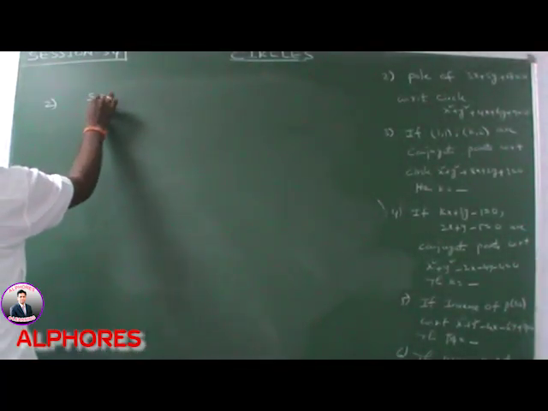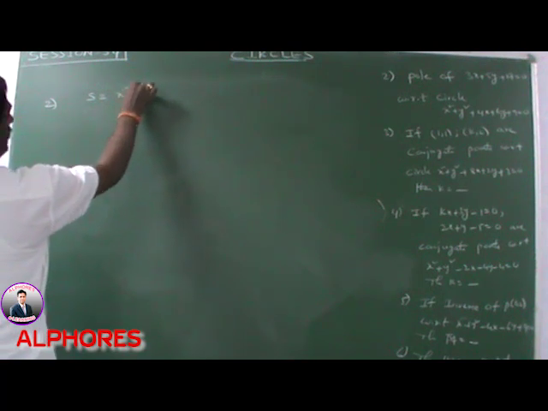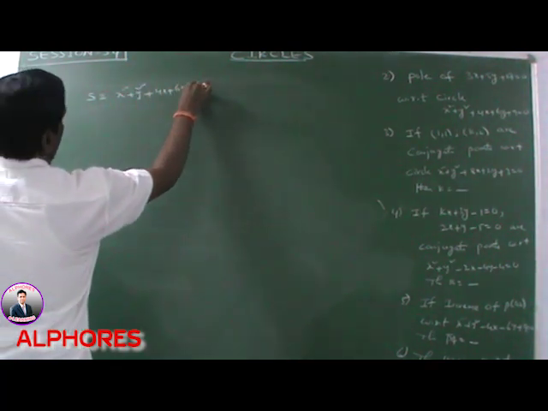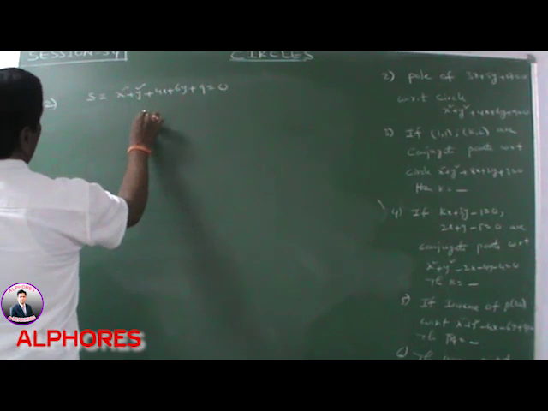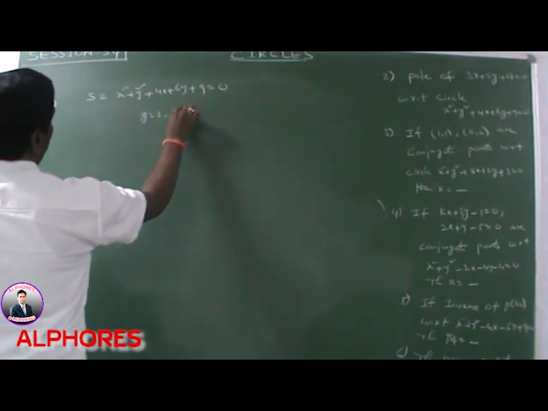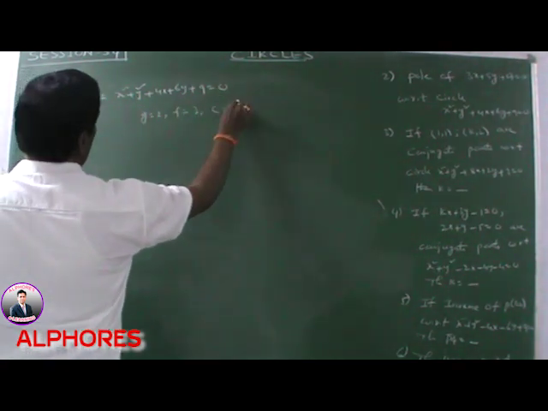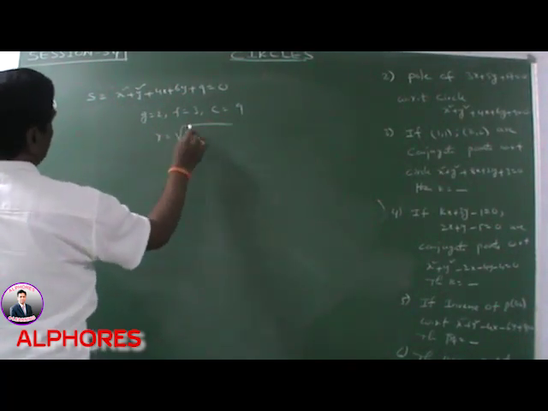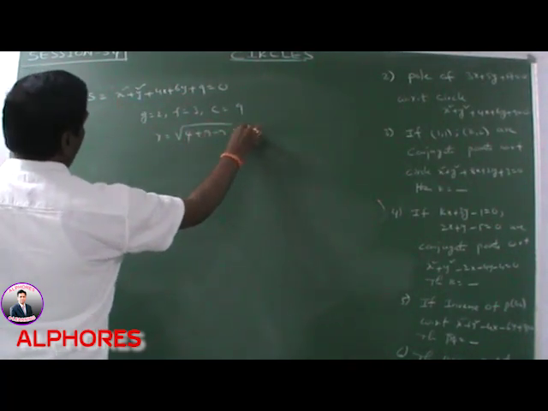Here the given circle is x square plus y square plus 4x plus 6y plus 9 is equal to 0. Compare with the standard form, we get 2g is equal to 4. That means g is equal to 2, f is equal to 3, c is equal to 9. Radius of the circle is equal to root over g square plus f square minus c, means 4 plus 9 minus 9, that is equal to the radius of the circle.